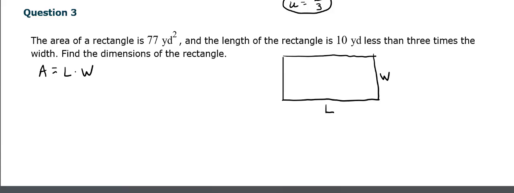So in this case, it says that our length is 10 yards less than 3 times the width. So that would be 3W, that's the 3 times the width, and 10 less than that.